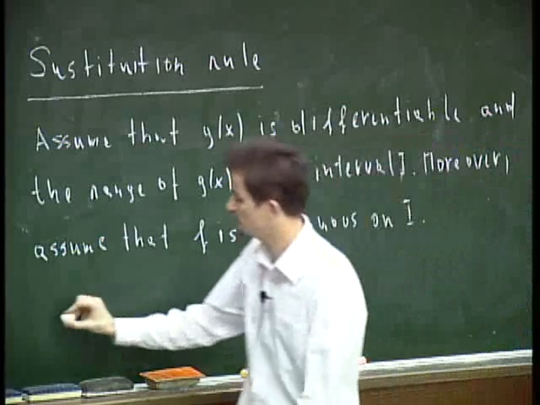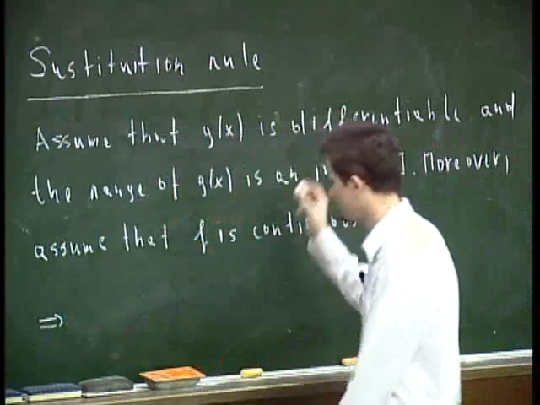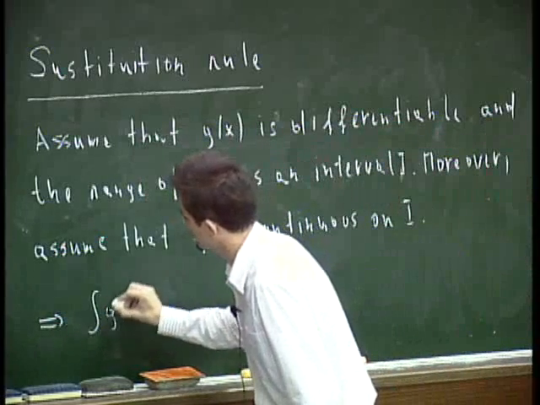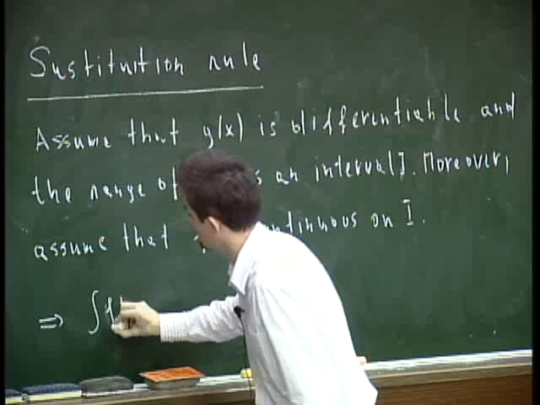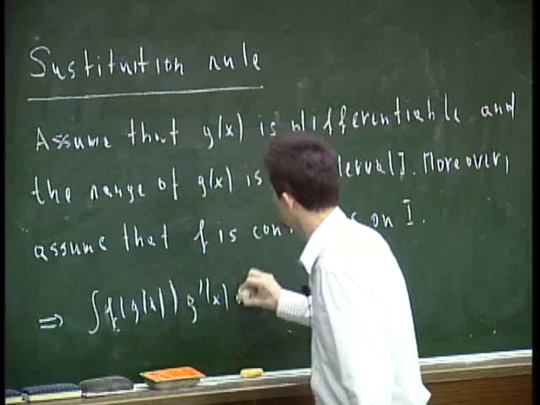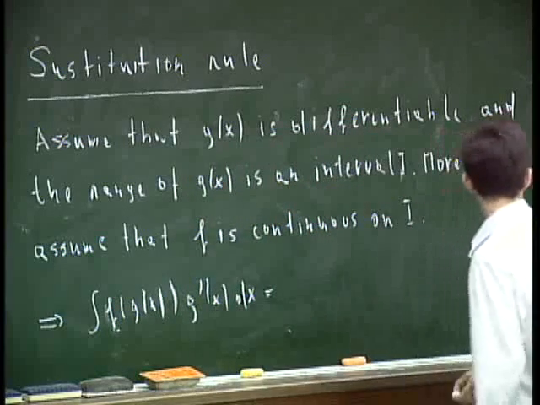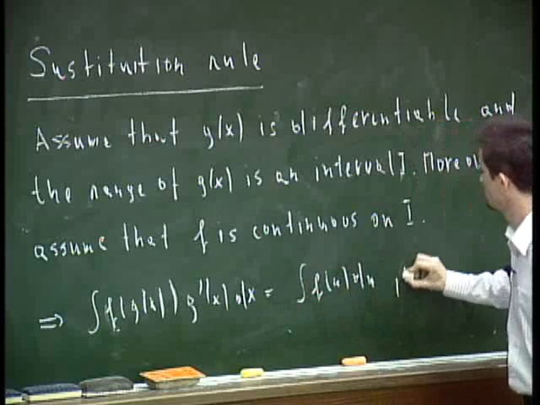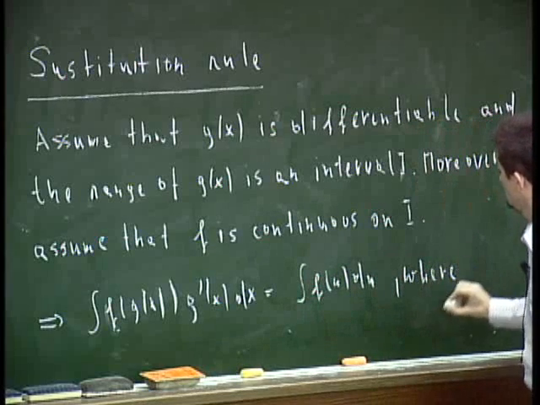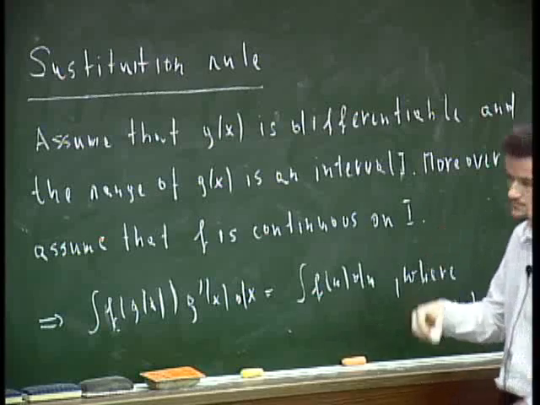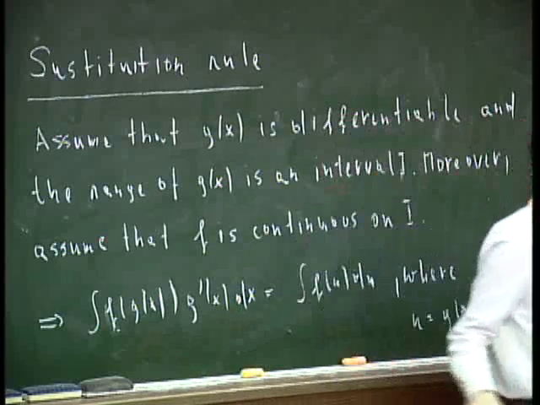Then, if this is satisfied, I have that the integral of f of g of x times the derivative of g of x dx is equal to the integral of f of u du, where u is equal to g of x. So this is the substitution rule.